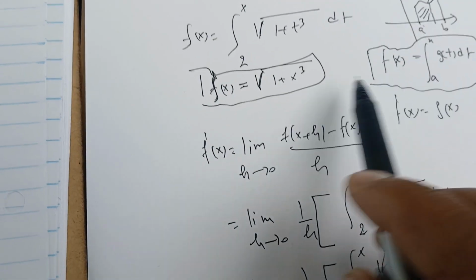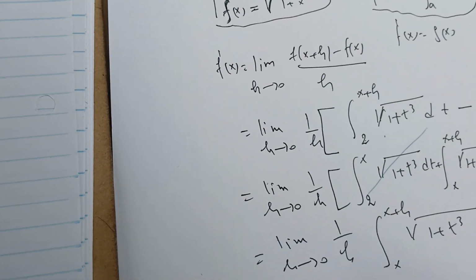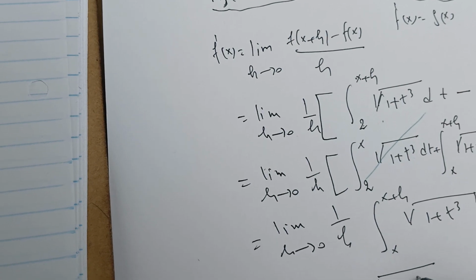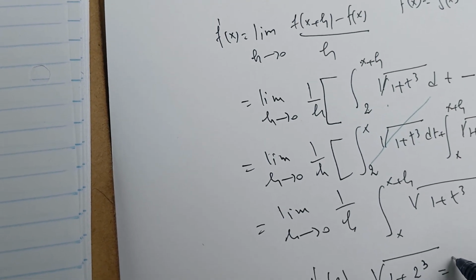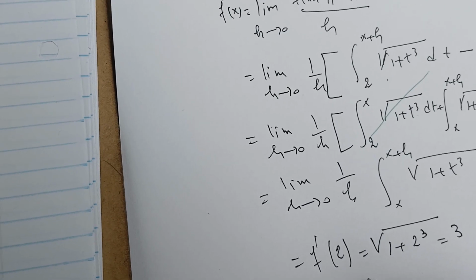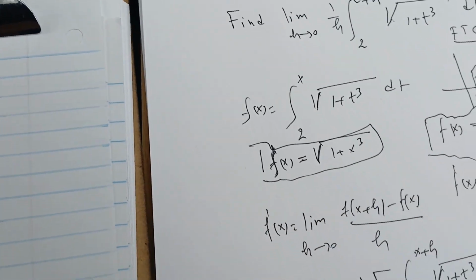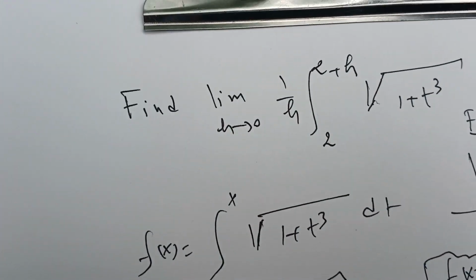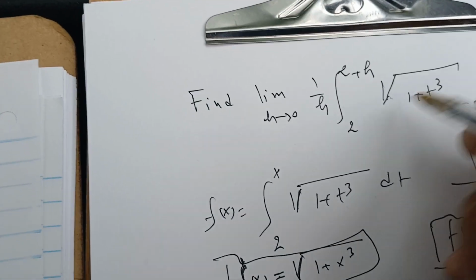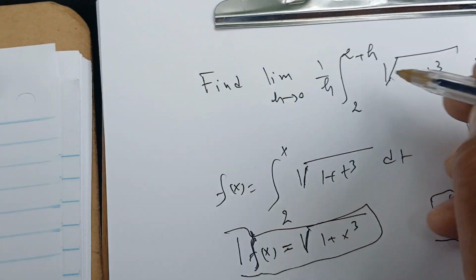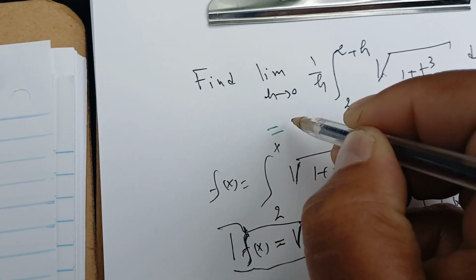And I know f prime is the square root of 1 plus 2 to the power 3, which is the square root of 9. That means 3. So the value of this limit is just 3.